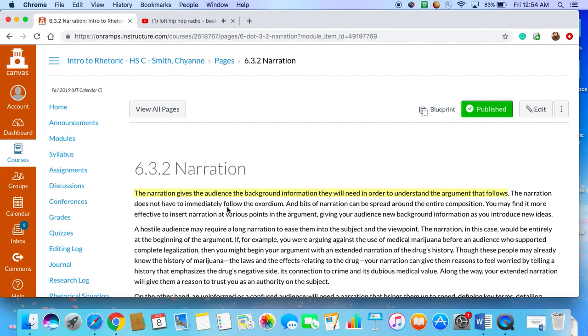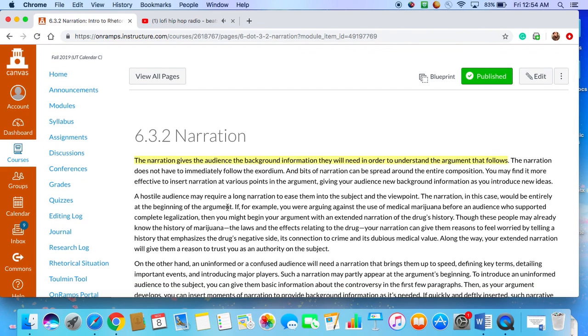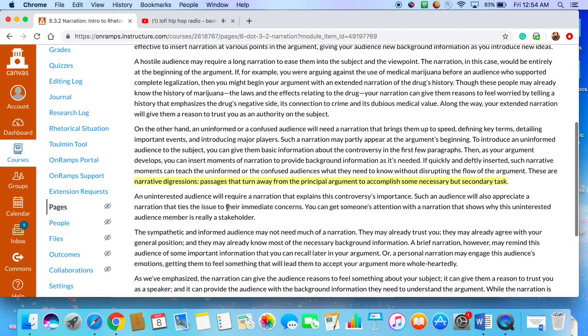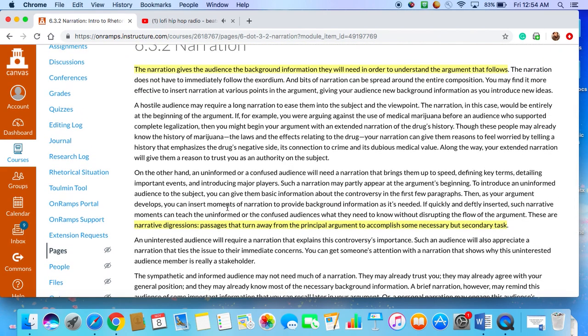And the narration is the overall background information that they need in order to understand the argument that you're going to give. So this is where you would want to introduce major players, important events, and define any key terms that they might need to know to really understand what you're talking about.